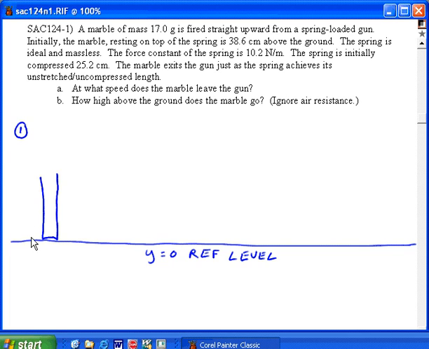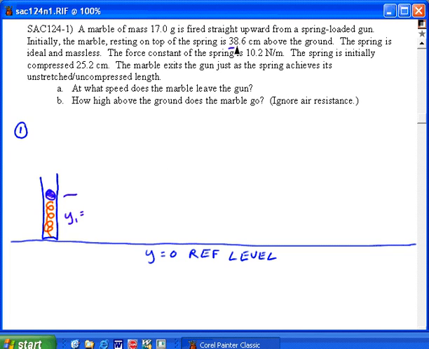The spring is compressed, with the marble resting on top of the spring. And we're given some data on it. We'll call the initial height above the ground y1.